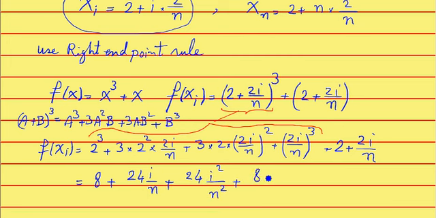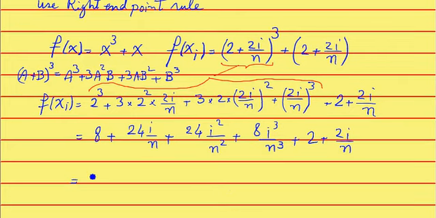That is 8i cubed over n cubed plus 2 plus 2i over n. Finally, that is 10 plus 24 and a 2 is 26i over n, and then 24i squared over n squared plus 8i cubed over n cubed.